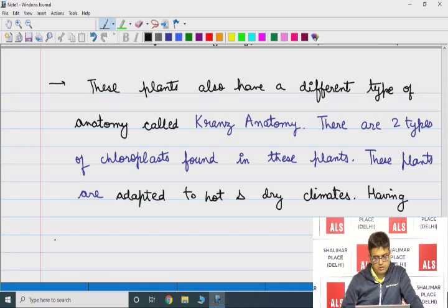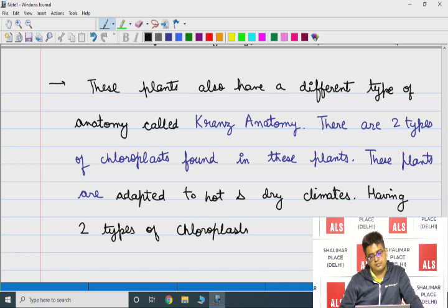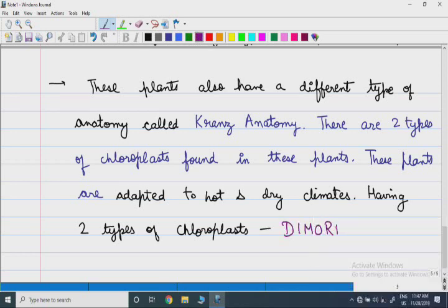It is called dimorphic chloroplast habit. So first is the chloroplast of the mesophyll cell, the other is the chloroplast of the bundle sheath cell, and we will discuss this.